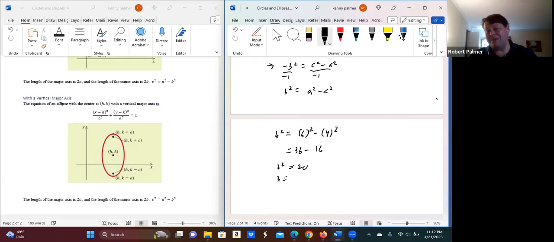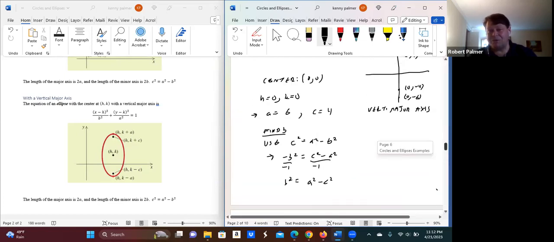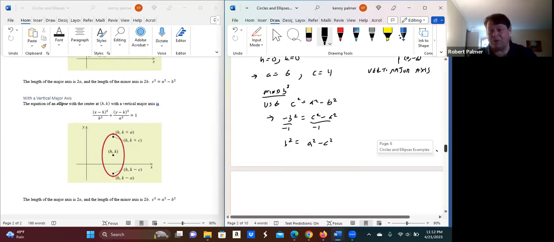Now, if you want to know B, it's going to be the square root of 20, which we can simplify. But what we really need to know is B squared. I said find B, I probably should have simply said find B squared. That's what we really need for our equation.